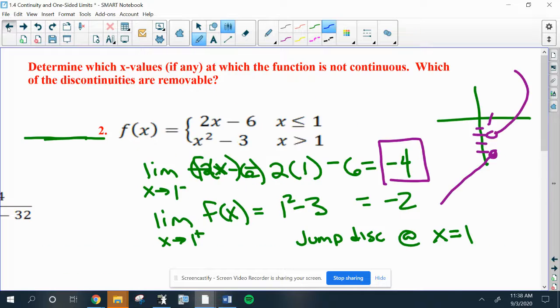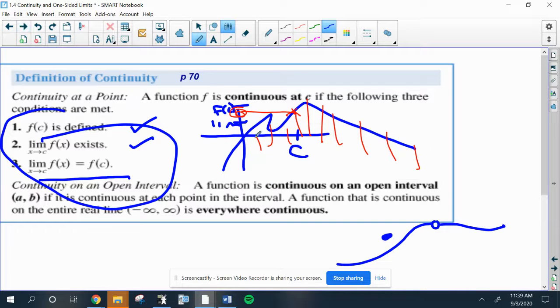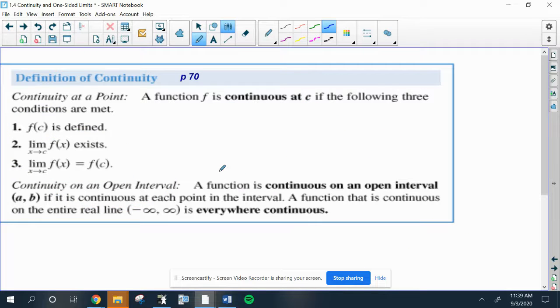So I'm going to go back here. For a function to be continuous at a point, these three things have to be true. f of c must be defined, the limit has to exist, and those two things have to match. We already know the limit exists because the limit from the left and the right are the same.